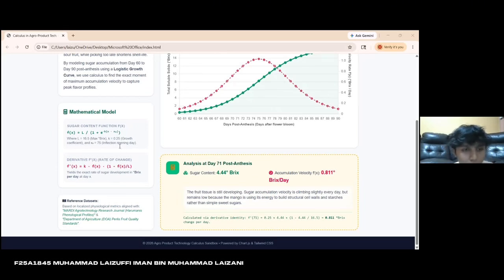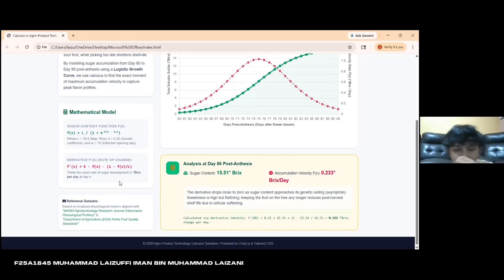For k, 0.25 is the growth rate. And for x0, 75 is the midpoint day where sugar rises fastest. And this function describes how the sugar level increases over the days of fruit development.